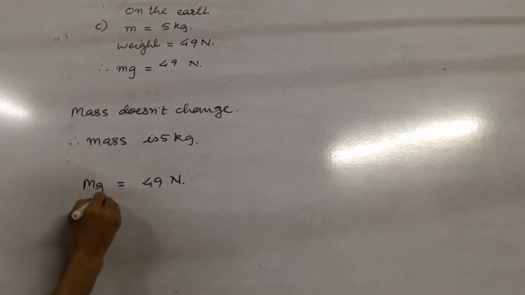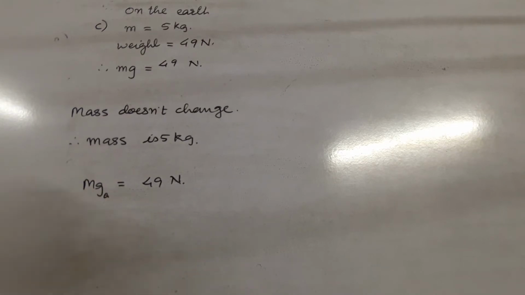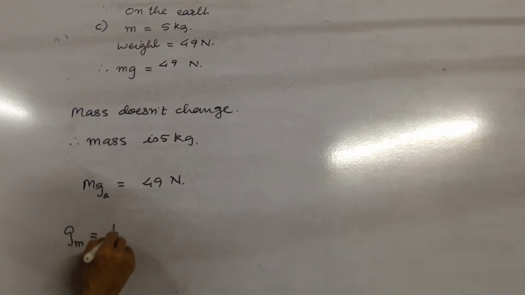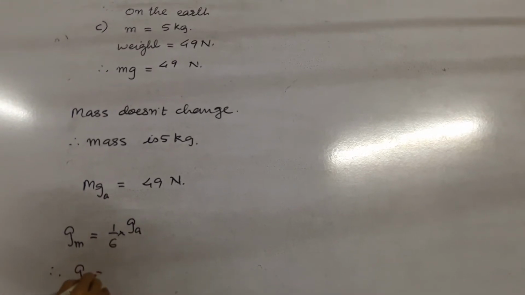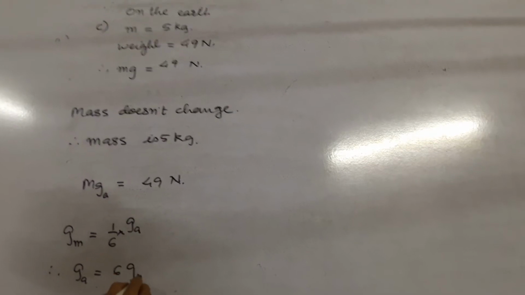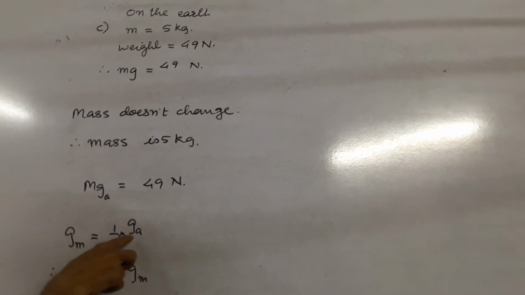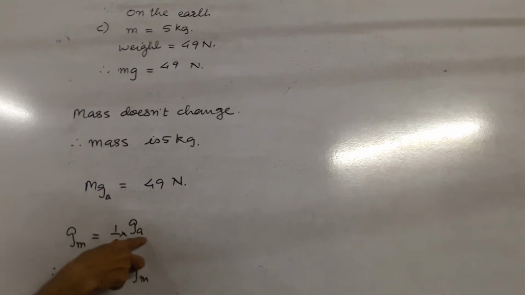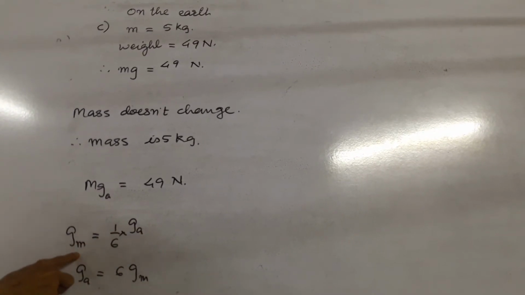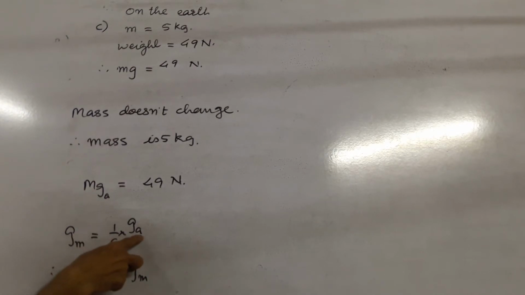But this is on the earth, and we want it on the moon. We know the moon's Gm is 1/6 of the earth's gravitational acceleration Ga, and therefore Ga is equal to 6 Gm. I hope you understood. Ga means gravitational acceleration on the earth, and Gm means gravitational acceleration on the moon. So gravitational acceleration on the moon is 1/6 of that of the earth, and therefore Ga is equal to 6 Gm.